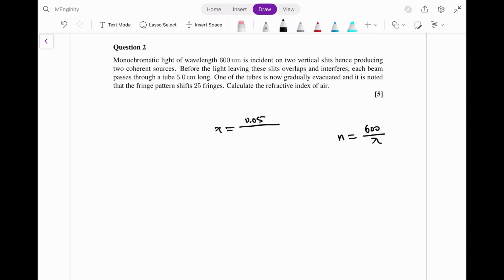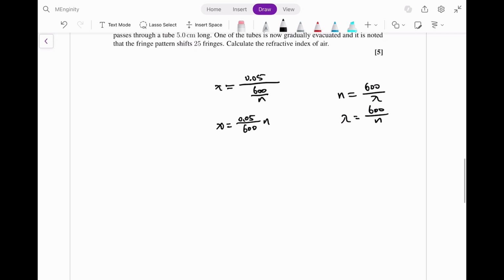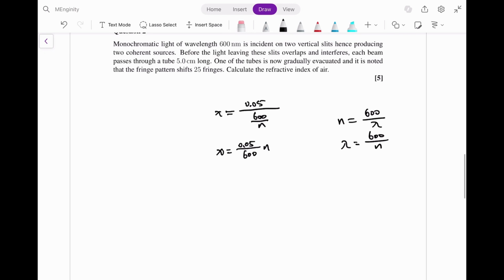So essentially lambda in air will be equal to 600 divided by the refractive index of air, so therefore that will be 600 over n. x is just equal to 0.05 over that, so this is the number of wavelengths that can fit in the tube with air.